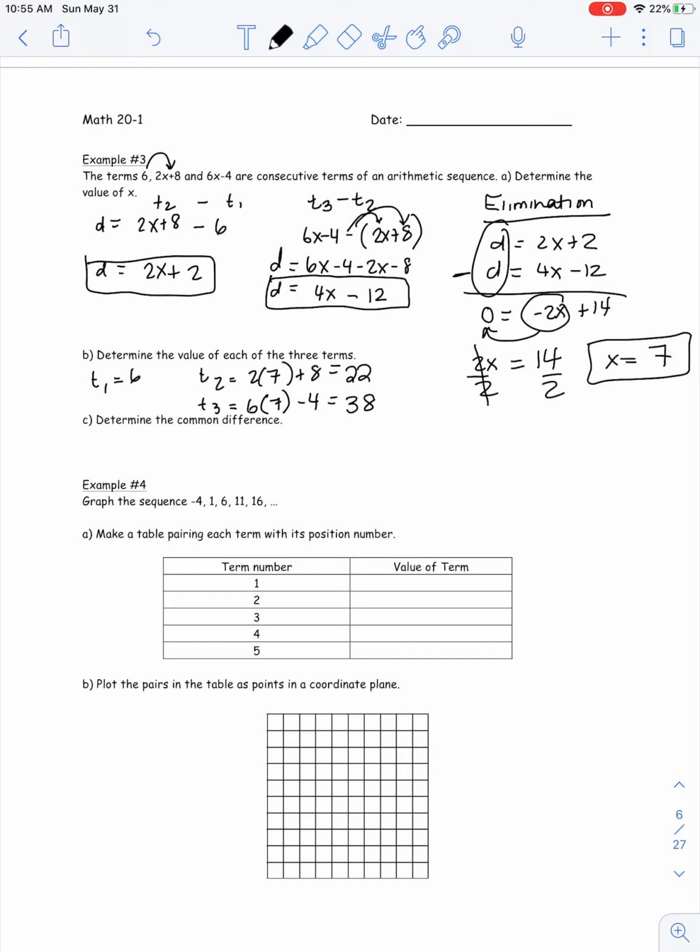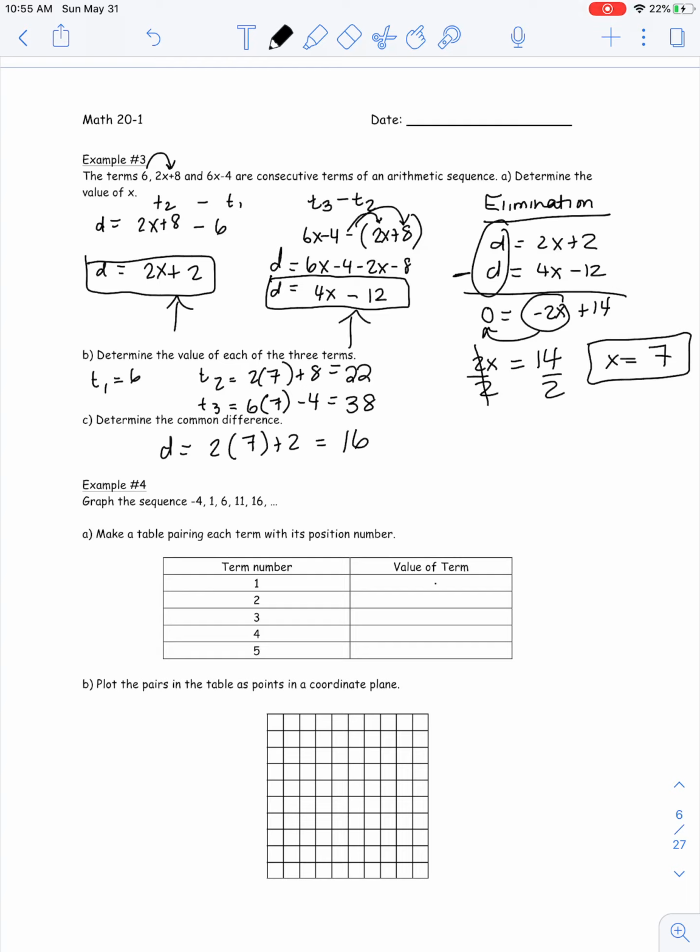So these are the first three terms of the sequence. Our common difference can be found by using either this equation or that equation, where 2 times 7 plus 2 will equal the common difference, and that common difference is 16. So we just found all the necessary pieces to create and continue our sequence if they asked for it.